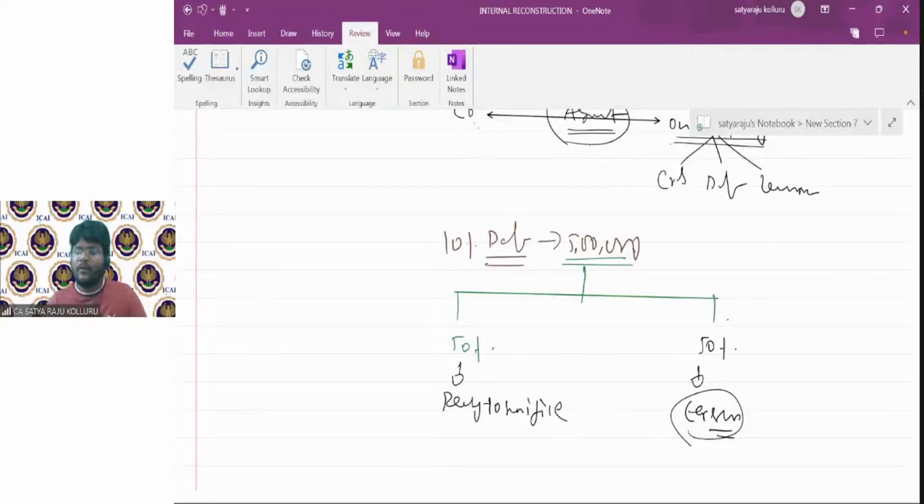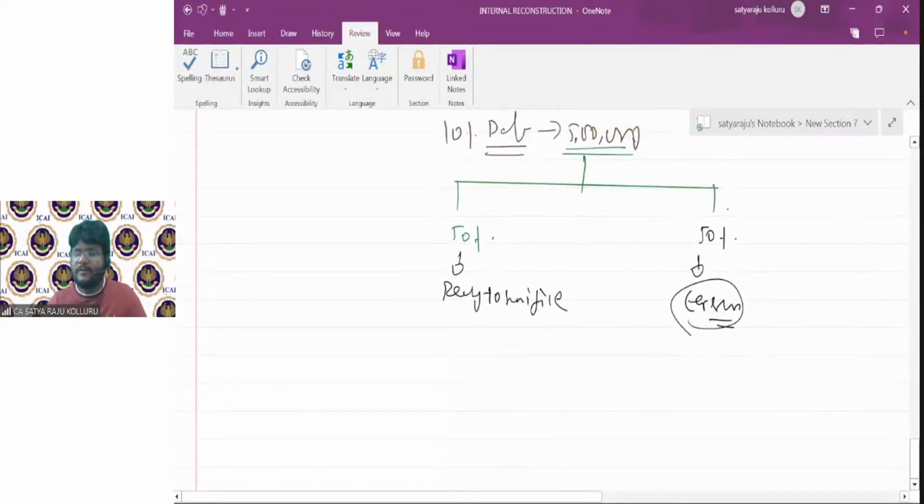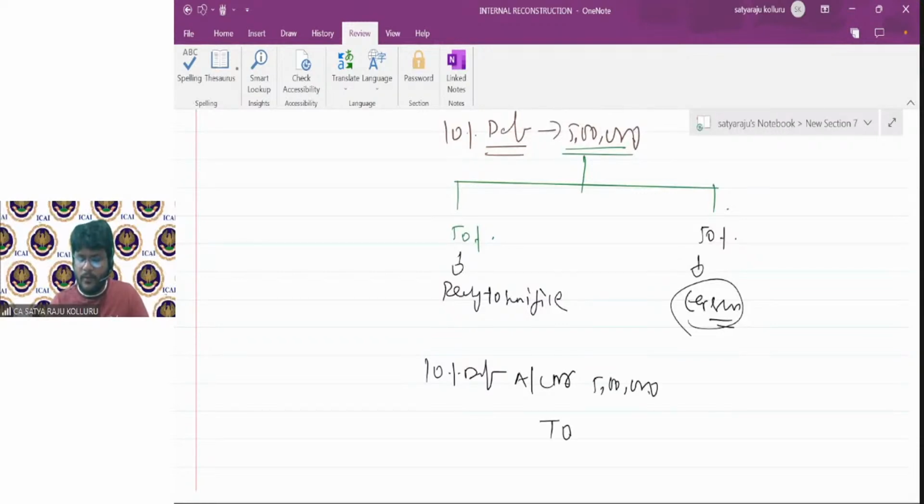Now, what is the accounting entry I need to pass at this stage, sir? No doubt about it. You need to cancel the existing 10% debentures, debit the 5 lakhs. To the extent of the sacrifice, you need to transfer to the reconstruction account.